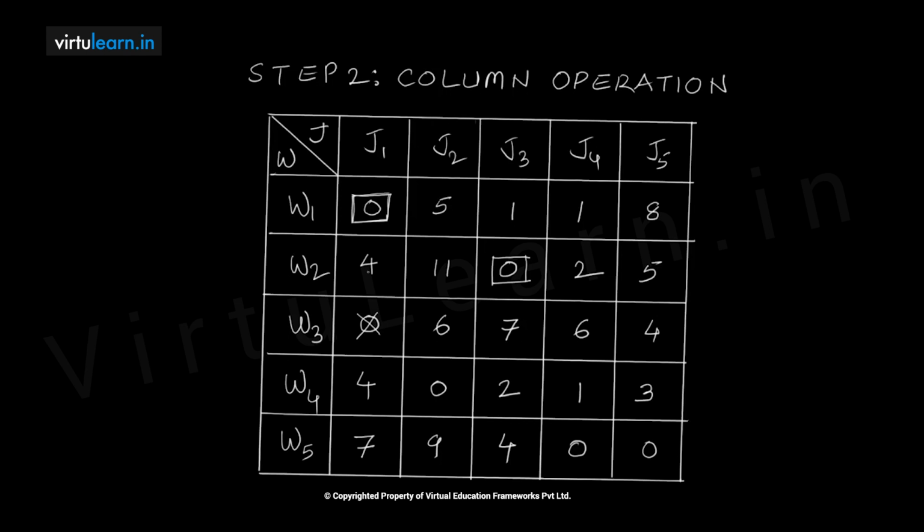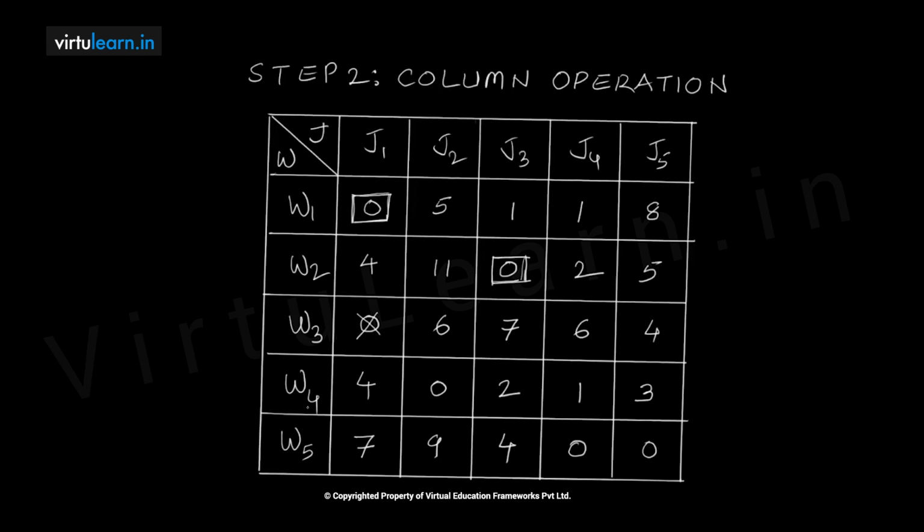After that we proceed to the second row, where we mark only when a single zero is there. Then we check whether any zeros are there in the column; no zeros are there. Then in the third row, the zero which was struck off should not be considered, because job 1 can be allocated to only one worker. If we take that zero into consideration, we will make allocation there also, so we should not take that.